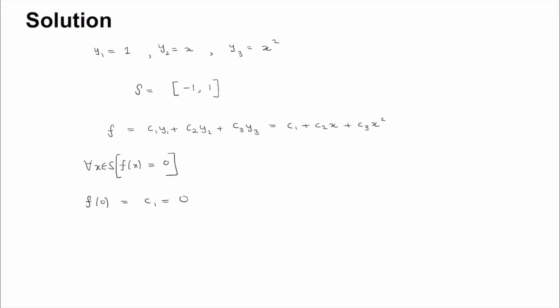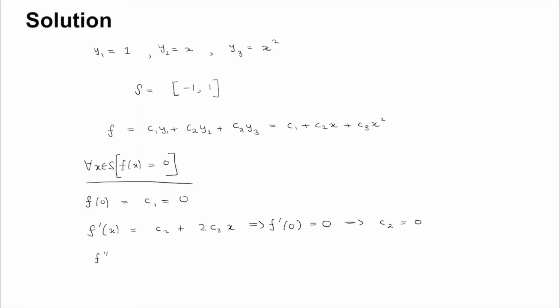Next, what is f dash of x? Well, it is c2 plus 2c3x. And we know that f of x is a constant function, and so its derivative is 0, which means f dash of 0 is equal to 0, which implies c2 is equal to 0.